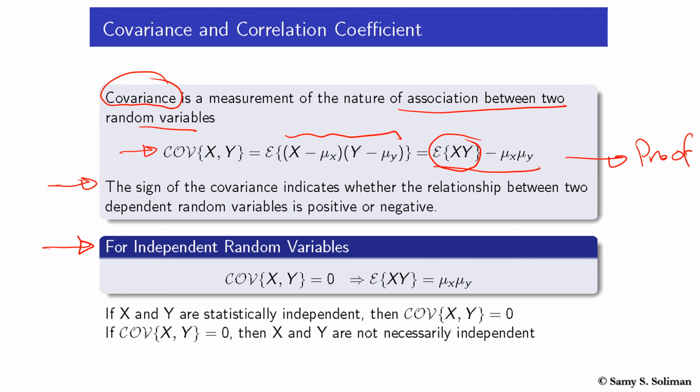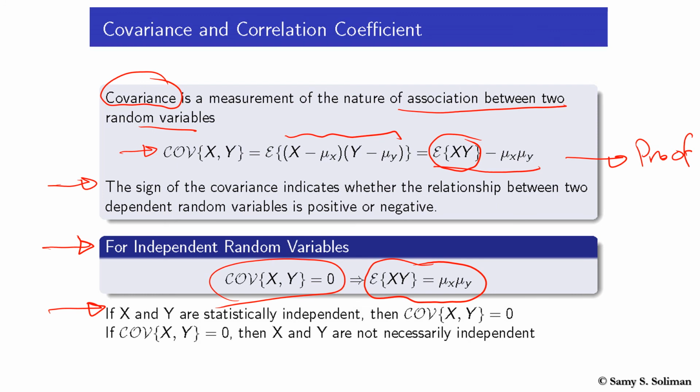So if the two random variables are independent, then the expected value of x times y is equal to the product of the means, and the covariance is equal to 0. So we can say that if x and y are independent, the covariance is equal to 0.